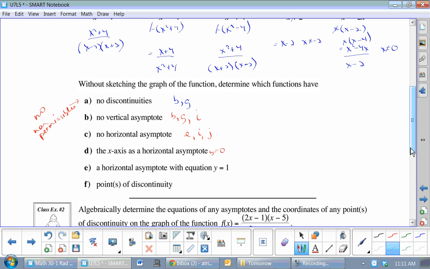Okay, if the degree is bigger on the bottom, what'd you get? G, C, D, G, right? We're going to put them in alphabetical order. C, D, and G. Okay.